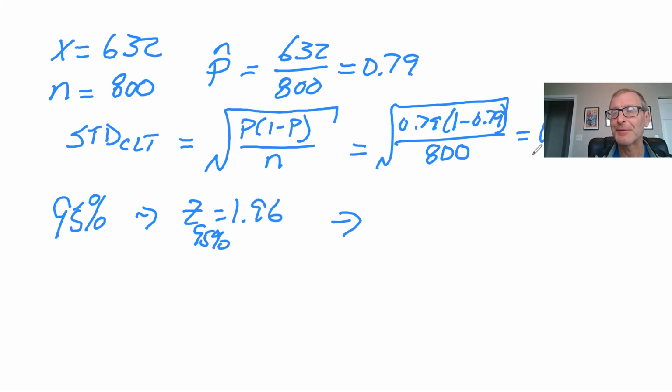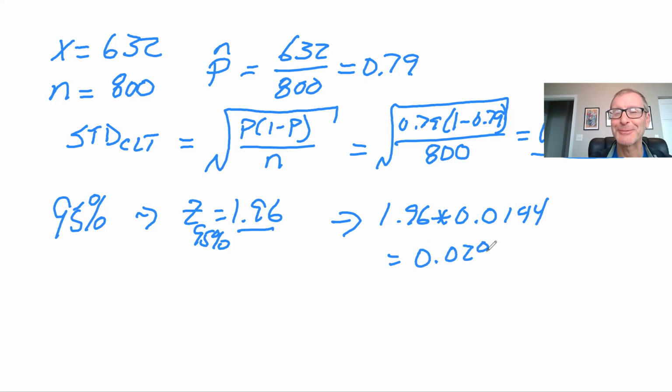And so now it's this number times this z-score. And so when you do that, 0.0144, see what I did wrong is this is the actual answer of multiplying those two together. Sorry about that, but just a copy error, looking at my notes.